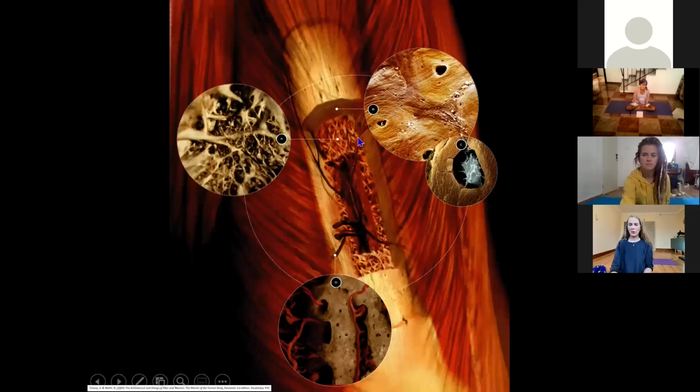So this is just another picture. Here on the right is the cortical bone. You can see there are spaces here for the blood vessels to travel through. Here are the struts of the trabecular bone. And here is the marrow.